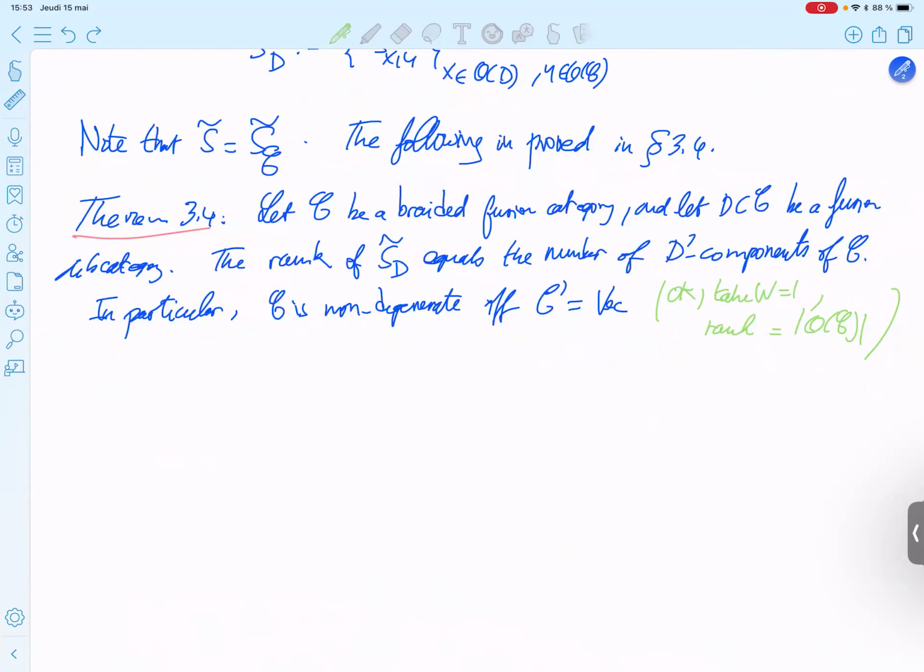What is this consequence about? Here we have a characterization of non-degeneracy in terms of centralizer.